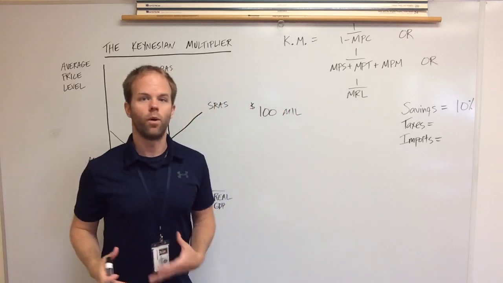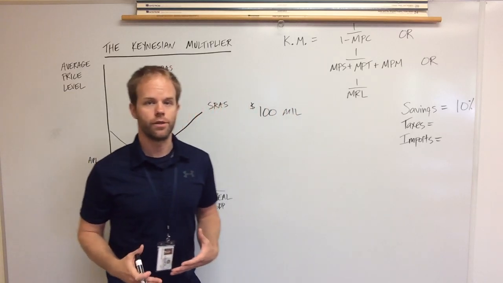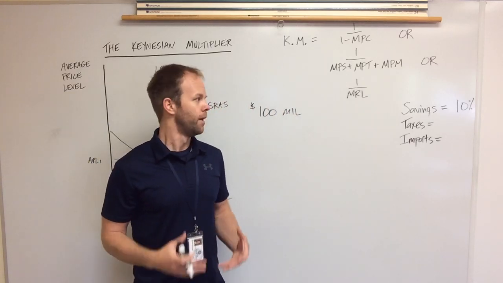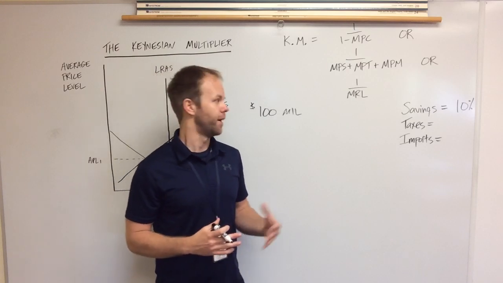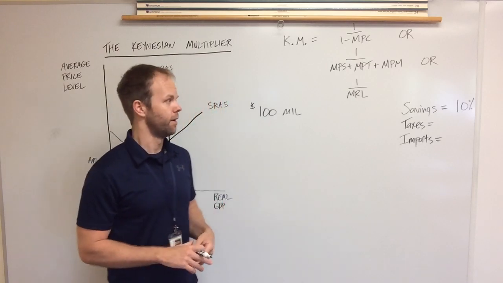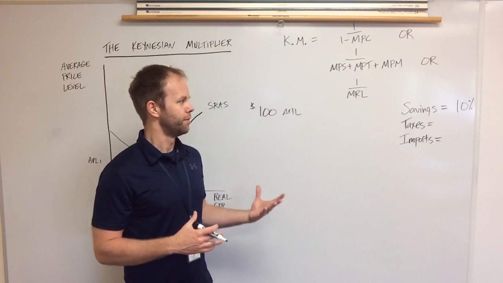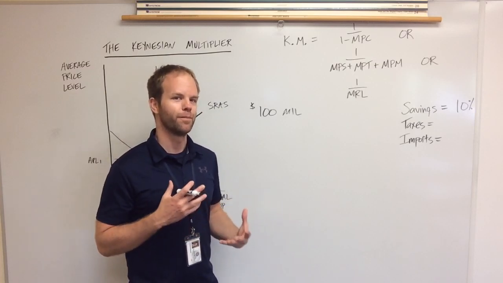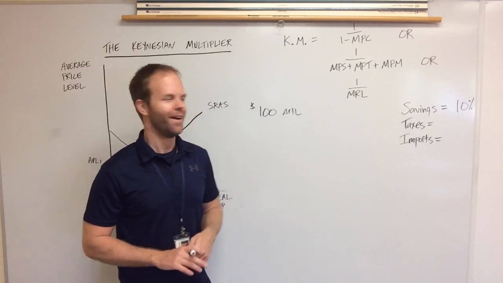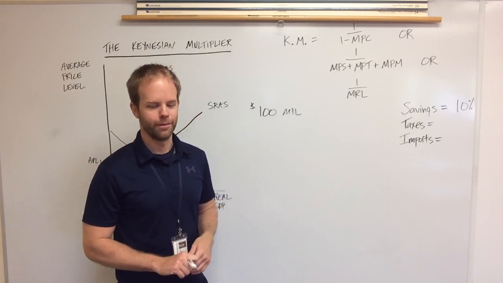For every $1 that gets earned in wages or any other form of income, 10 cents of that dollar gets saved and put in some kind of financial institution. I would say that's probably a pretty low savings rate, but we're going to use simple math for this example.